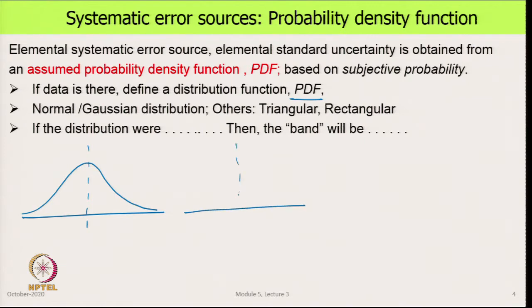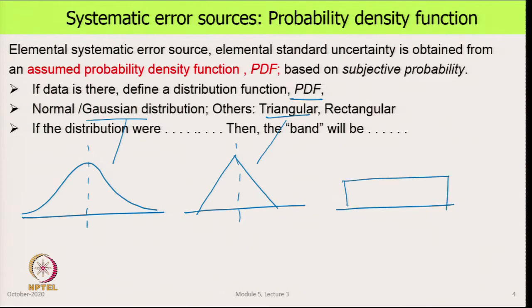We could have had a triangular distribution. So, this is a Gaussian distribution, that is a triangular, and it could also be a third one, which is a rectangular distribution. In all the cases, this axis is the value and this axis is the probability of that value.